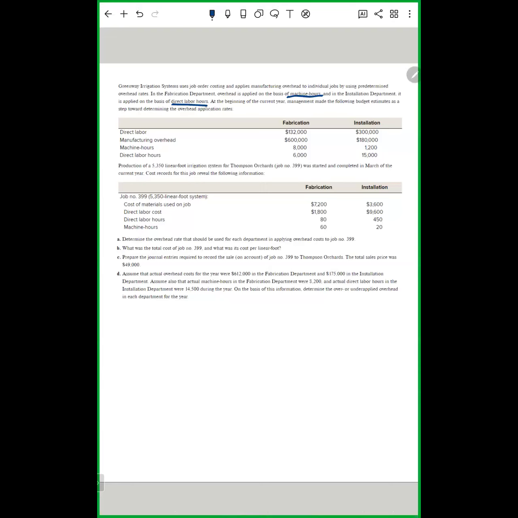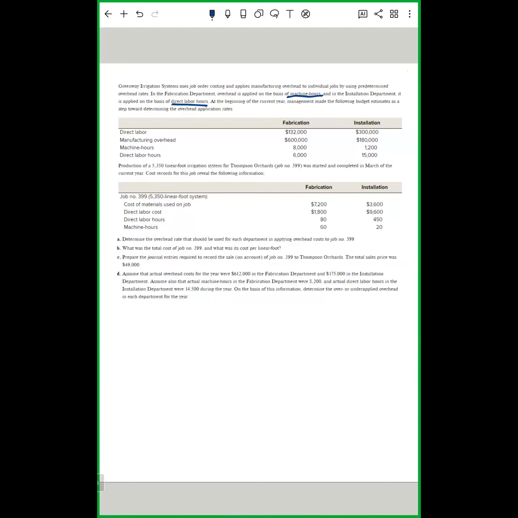At the beginning of the current year, management made the following estimates. So we have direct labor, manufacturing overhead, machine hours, and direct labor hours. Production of 5,350 linear feet of irrigation system for the Thompson Orchards, which is job number 399, was started and completed in March.